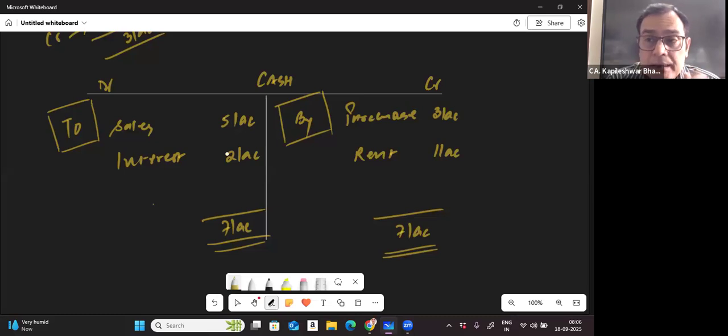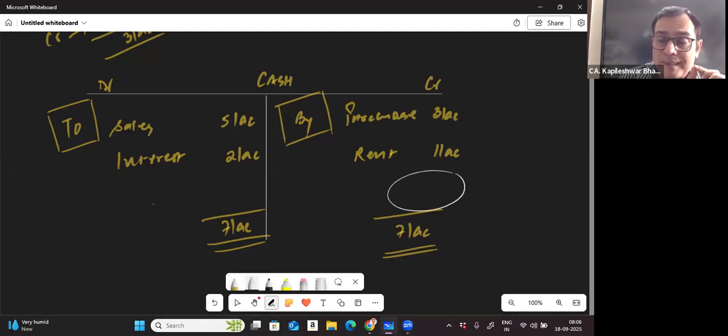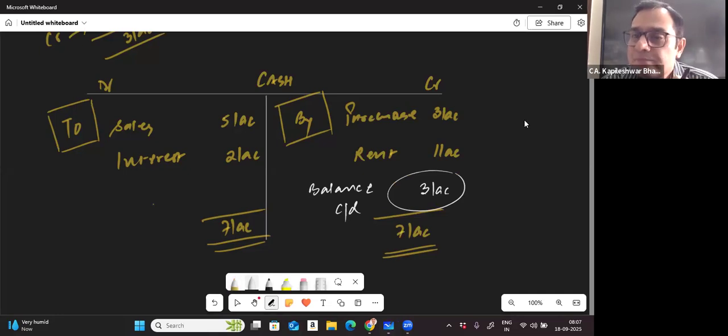Now, there is a balancing figure which is appearing on this side. And the balancing figure is represented by what we call a balance carried down. It's called balance CD, that is a balance carried down.